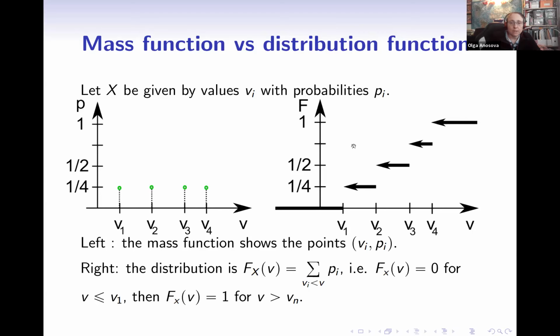Be careful a bit, because we can have those arrows pointing either to the left or to the right. Sometimes it's not arrows, sometimes it's an empty dot, and that is defined by the agreement on how we take our cumulative distribution function.